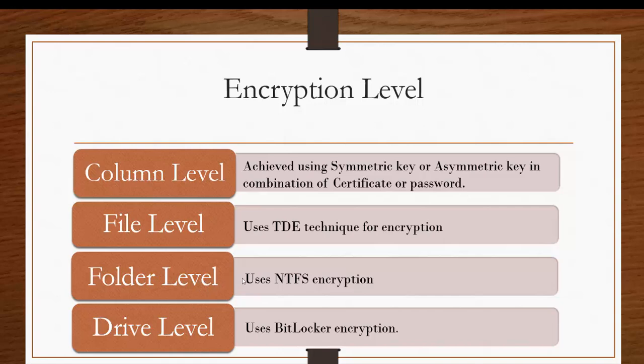It means you can encrypt the whole folder using the NTFS encryption technique. And then there is drive level encryption, which encrypts the drive using BitLocker encryption. The last two levels are out of scope for this video.